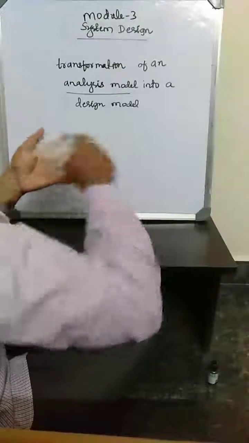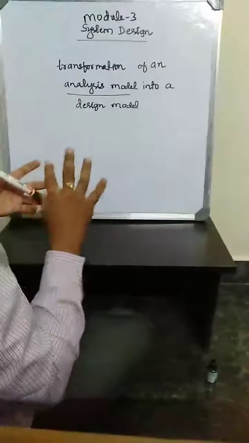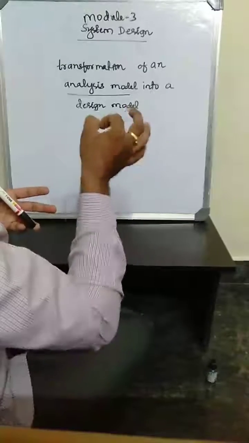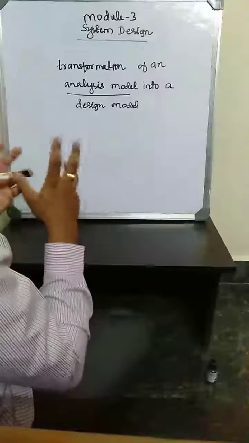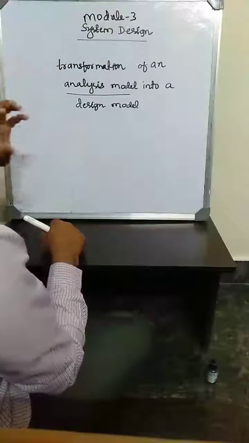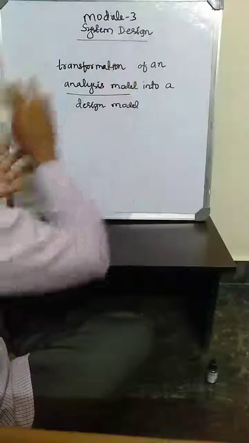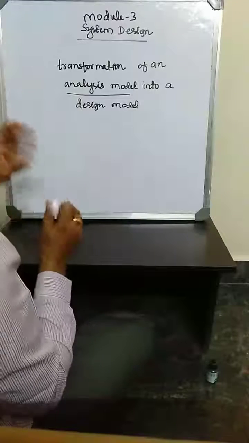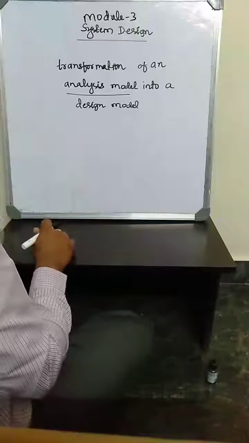If we take any particular area and it is not possible to construct a house there, that's why we need to analyze whether it can be done or not. We need to transfer whatever we have done with respect to analysis into a design model. That itself we may call the system design.